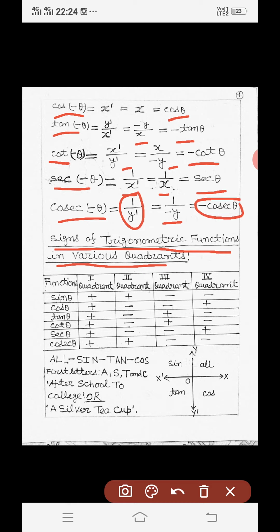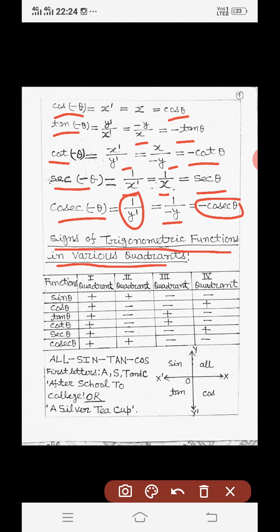Dear students, the figure given on the right side shows which trigonometric functions with their reciprocals are positive in various quadrants.